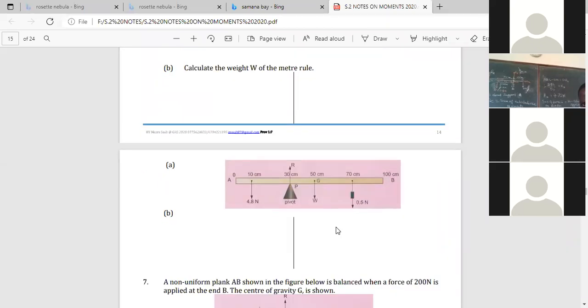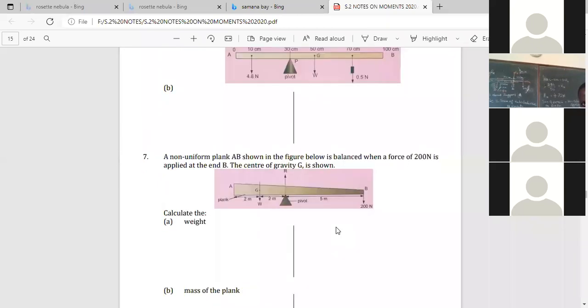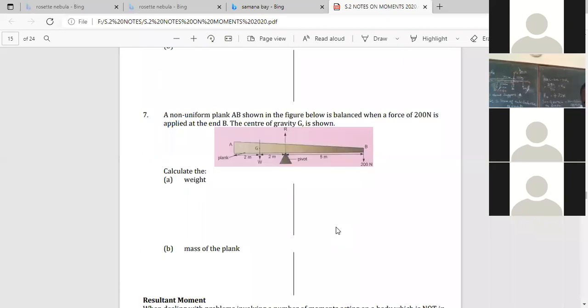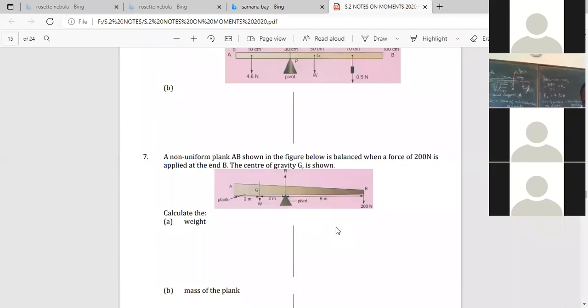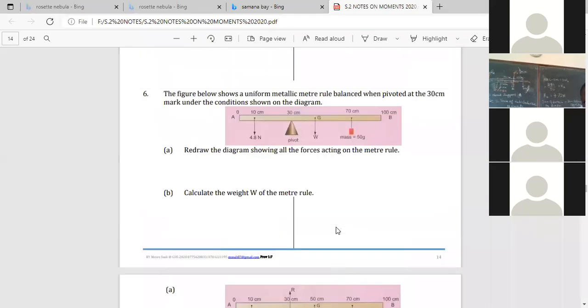I'm trying to select a question that is also challenging. I want us to look at questions that don't have solutions now. I'm looking at question 6. What about 5? You want us to go through 5?